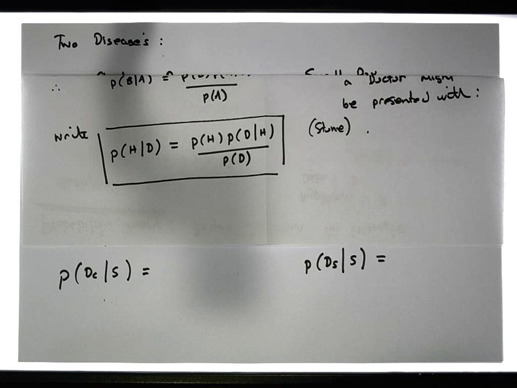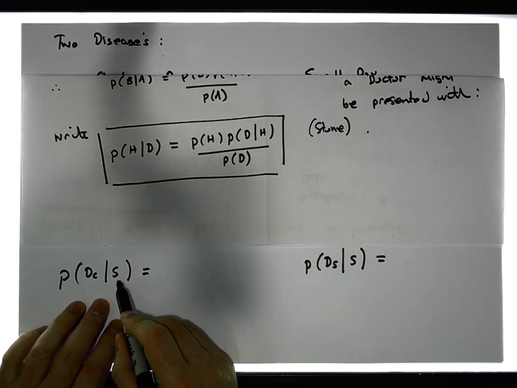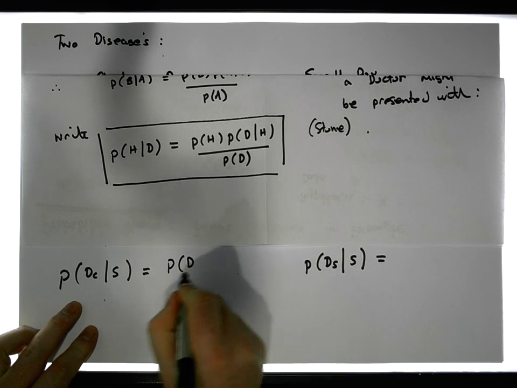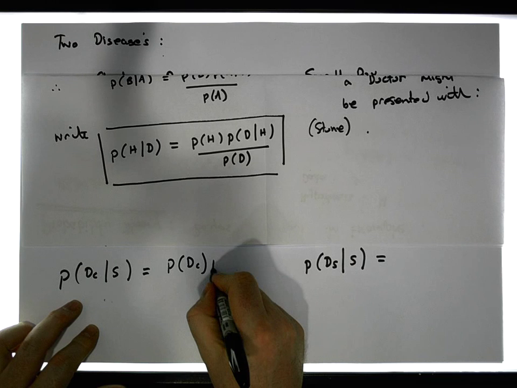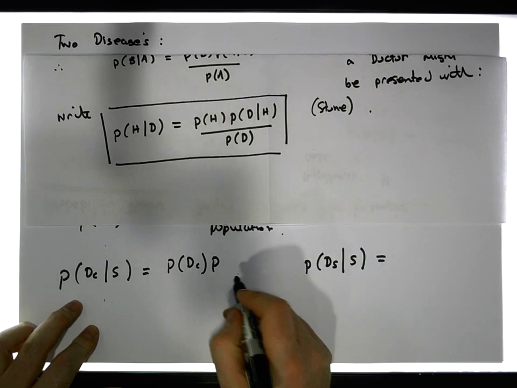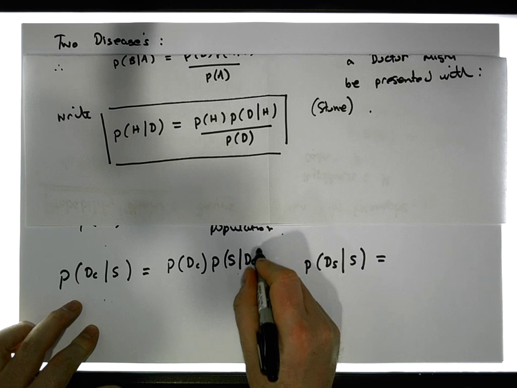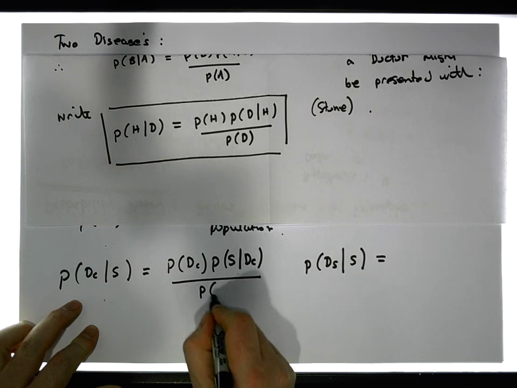So here we calculate the probability of the disease, times the probability of having spots, knowing that you have the disease, divided by the probability of having spots.